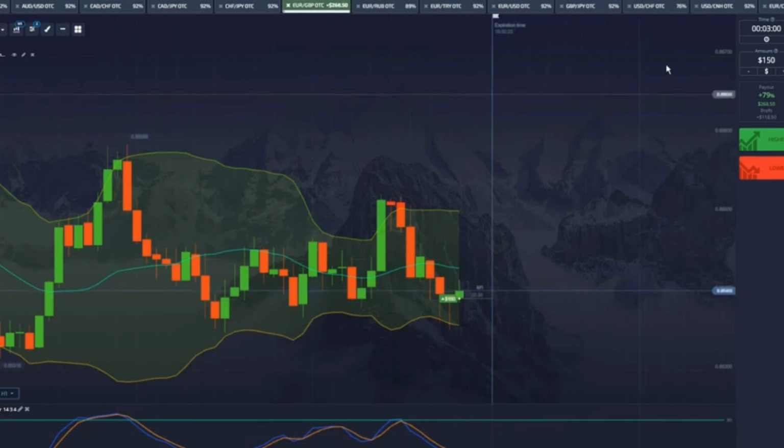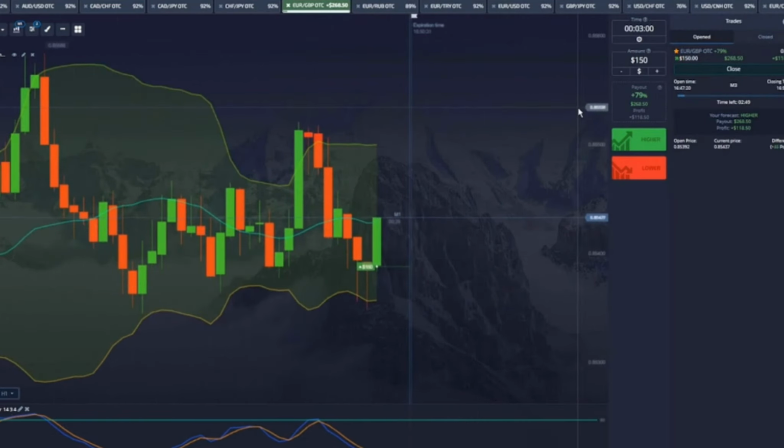Here is another call option trade entry, and all entry conditions are good.